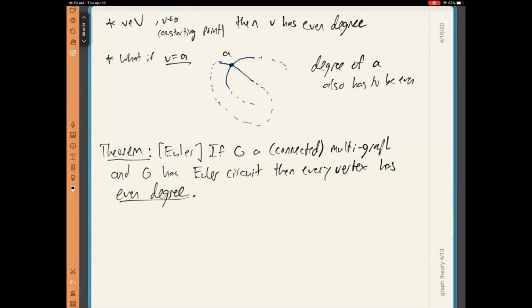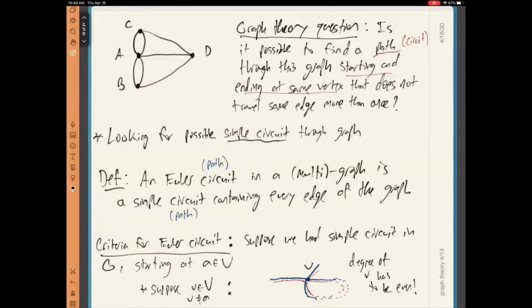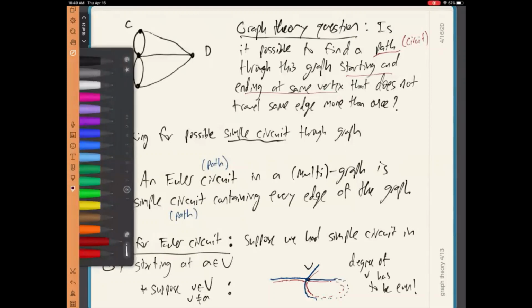Right, and so, well, what's the consequence of this theorem? Well, the consequence, if you go back to the Königsberg bridge problem, the answer is there's no solution, right? Why is this? Well, let's go back to the picture on the previous page and look at the degrees.